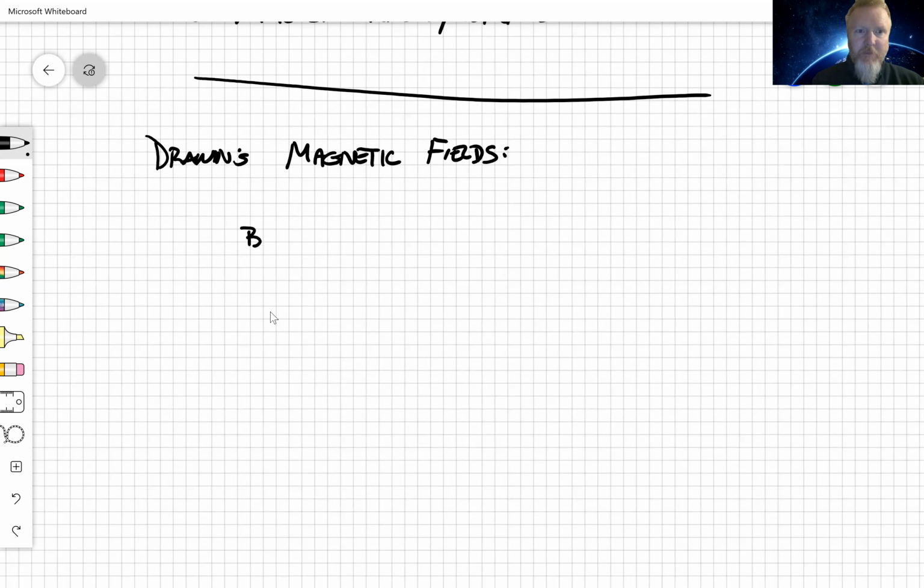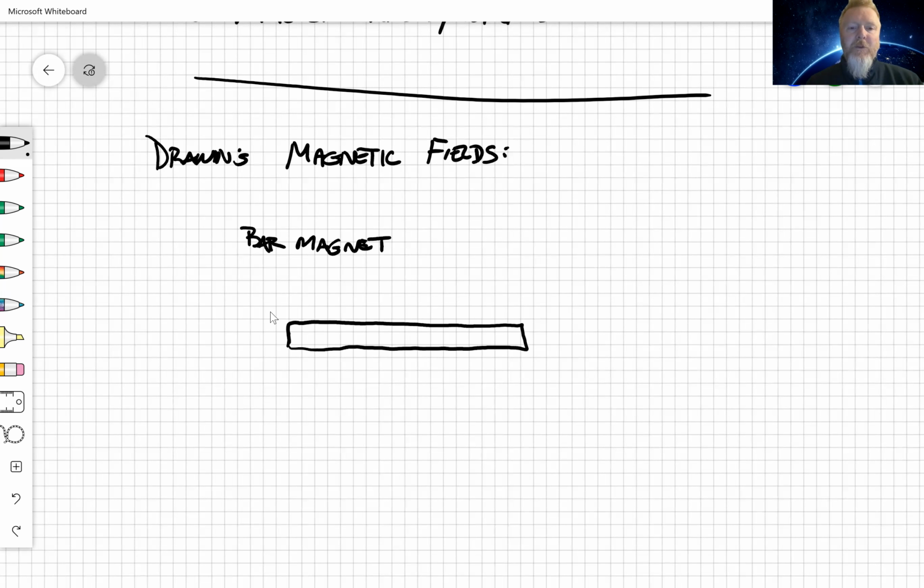So for example, here's a bar magnet. I'll try to draw the simplest one. Don't look at a refrigerator magnet, not yet. Those are not straightforward. So here's a bar magnet.